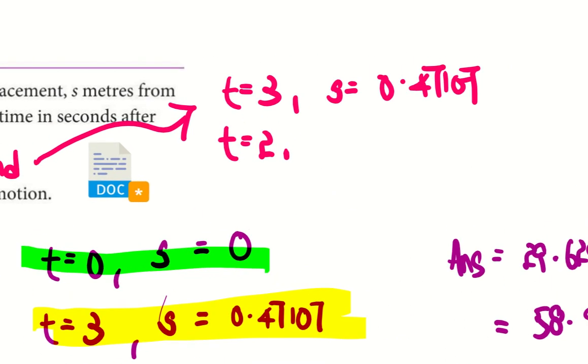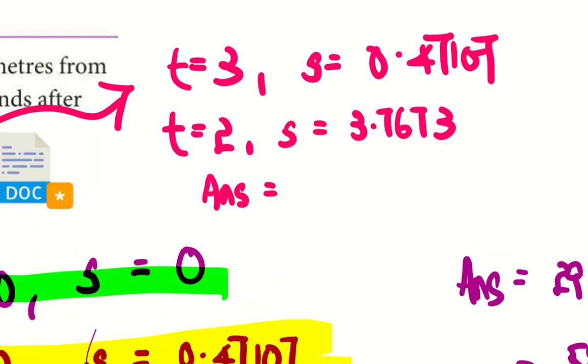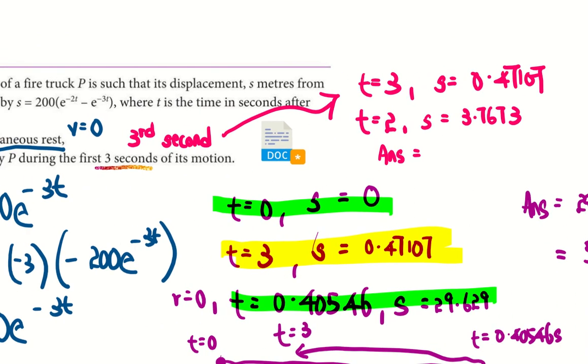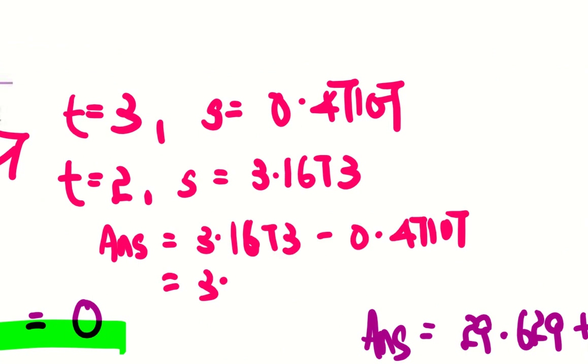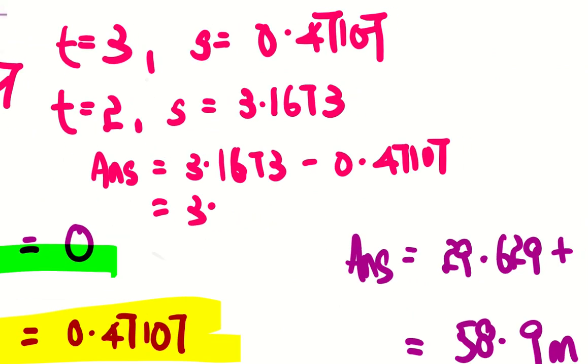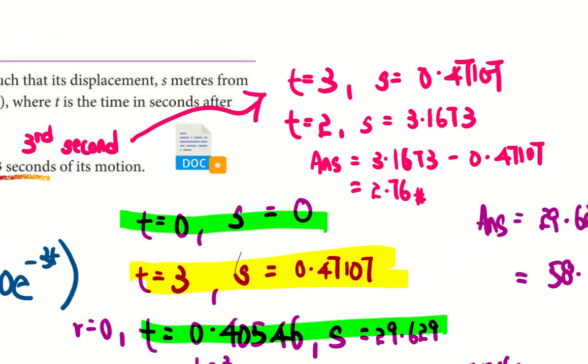So it's a split second. After you calculate, if I want the answer for the third second, this is my own question. The third second, you just find the difference between the split second. So correction, I make a correction here. So just a reminder, if they want the third second, I must find the distance within the split 1 second.